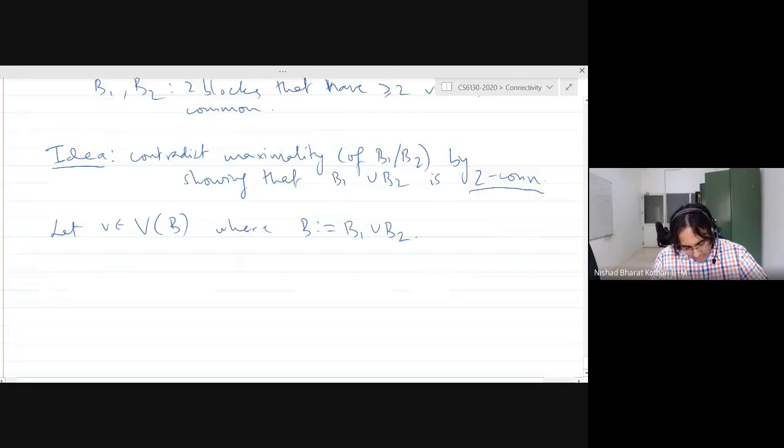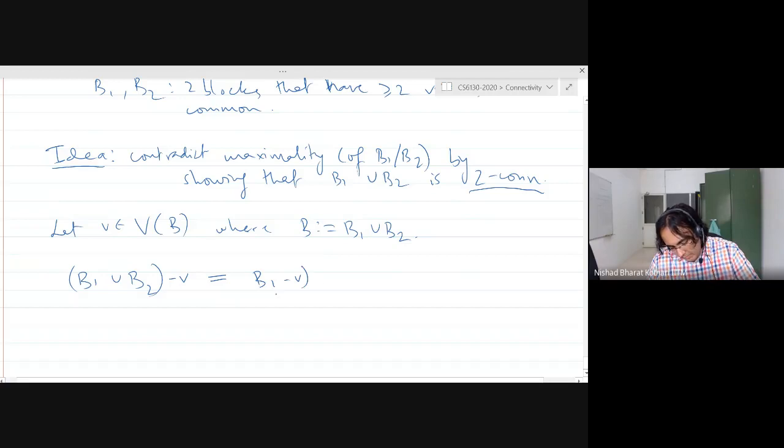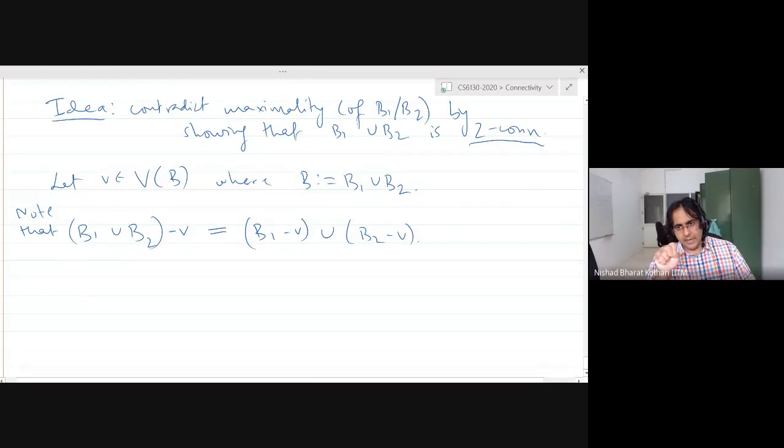So what is the graph B1 union B2 minus the vertex V? This graph, I claim, is the same as B1 minus V union B2 minus V. If you take the union and then delete the vertex V, that is the same as first deleting the vertex V from each of them and then taking the union of these two subgraphs.